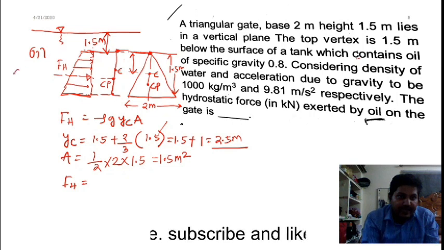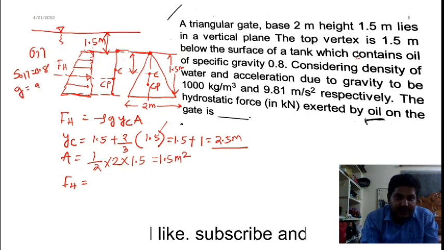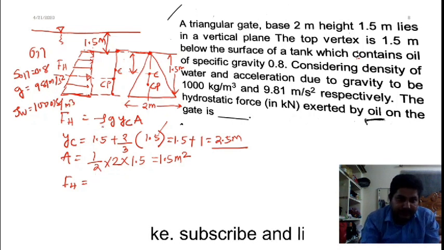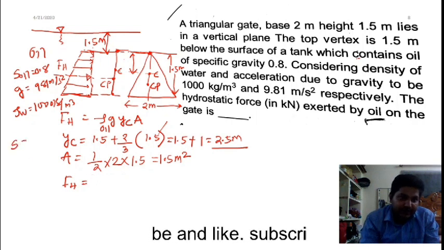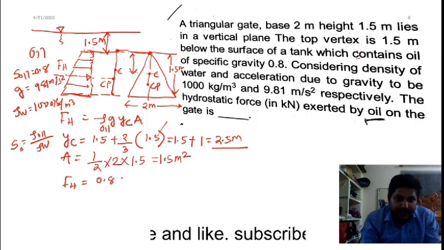The specific gravity of the oil is given as 0.8, g is given as 9.81 meter per second square, and the density of water is given as 1000 kg per meter cube. The specific gravity of the oil is equal to the density of the oil by the density of the water, so the density of the oil is 0.8 into 1000.